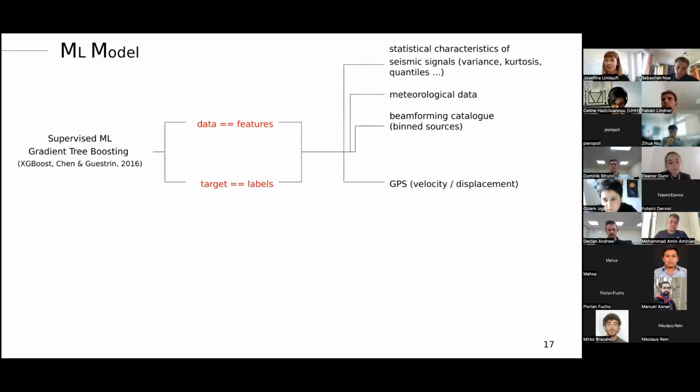That could actually be a no-brainer, that this somehow drives the glacier. And then we also used the beamforming catalog, and I will explain in a second what I mean by that. And our target label is the GPS velocity at the surface.